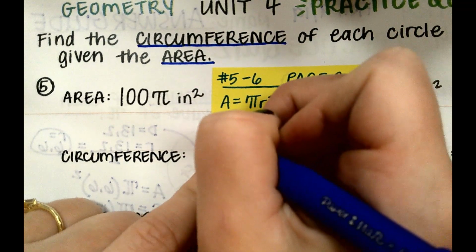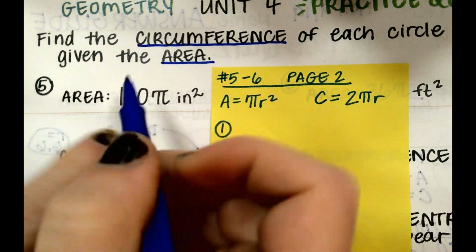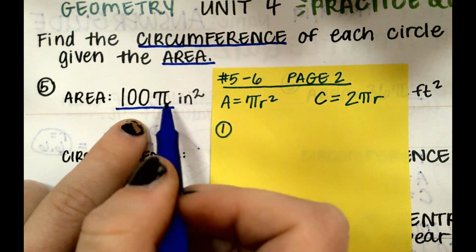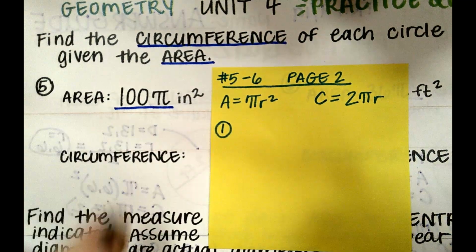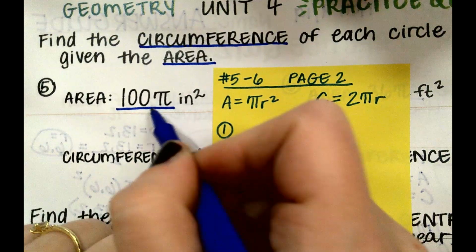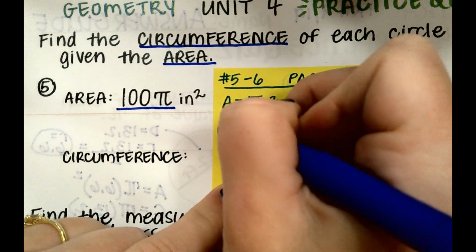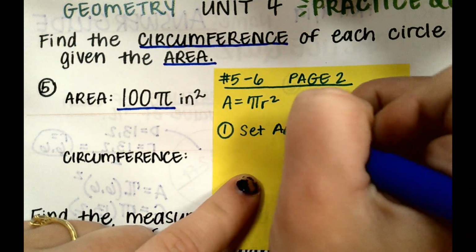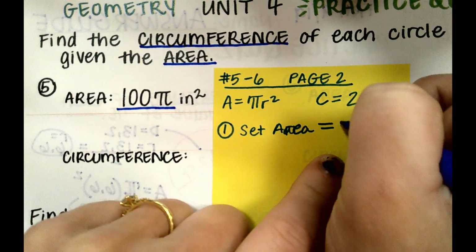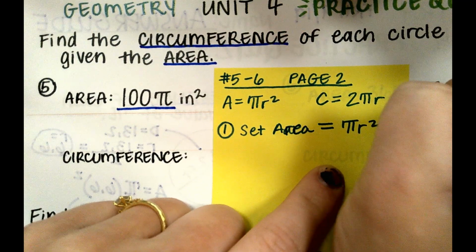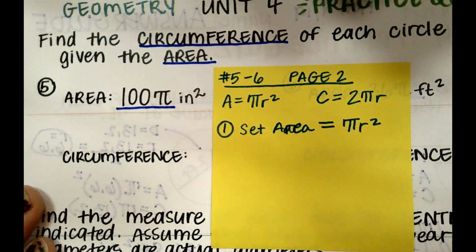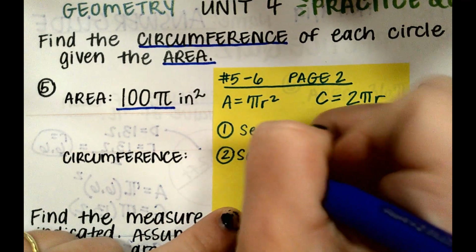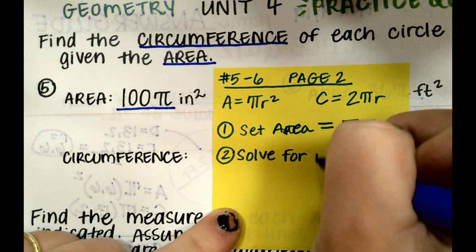So we are going to, step 1, set the area value, which in number 5 is 100 pi, and set that equal to the area formula. So set area equal to pi r squared. Once we set that equation up, we solve for radius.